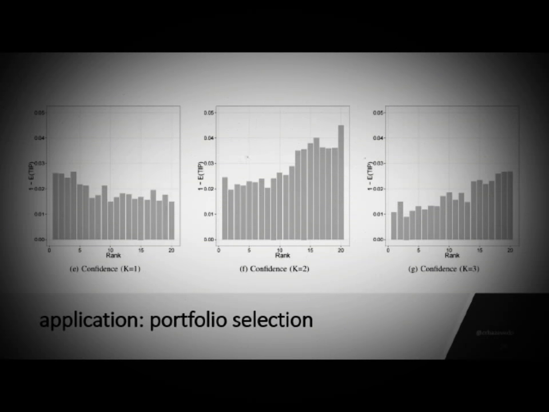You can see that the confidence of the most risky portfolios is generally higher than the less risky ones when we are not looking very much into the past. K equals 1 means that we are using just the previous market state, so it's a very short data window.